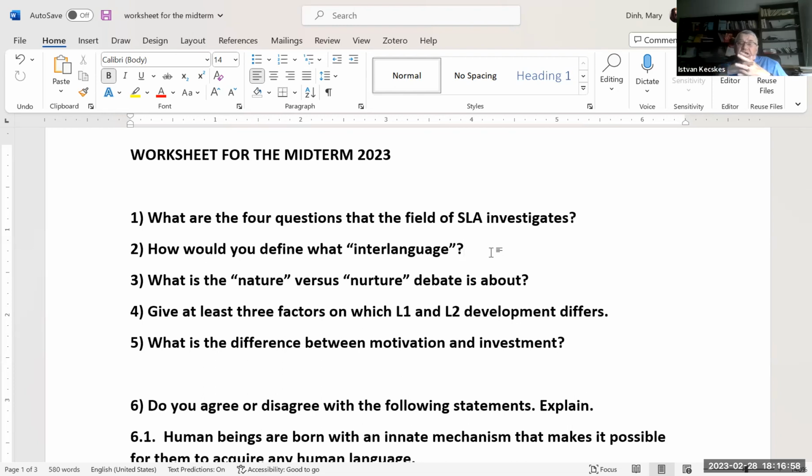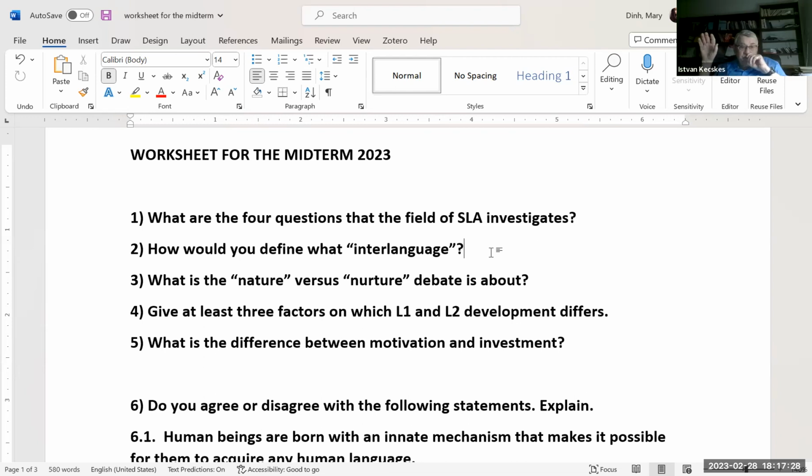The name interlanguage comes from the idea that basically this language is between the first language and the native likeness of the second language. So that's one of the problems, that it images an ideal native likeness that is the goal of the second language acquisition.